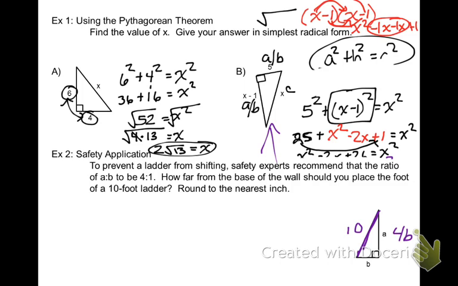Let's round to the nearest inch. So this is where you're going to have to do how many feet and how many inches together. So you'll need a calculator for this one.